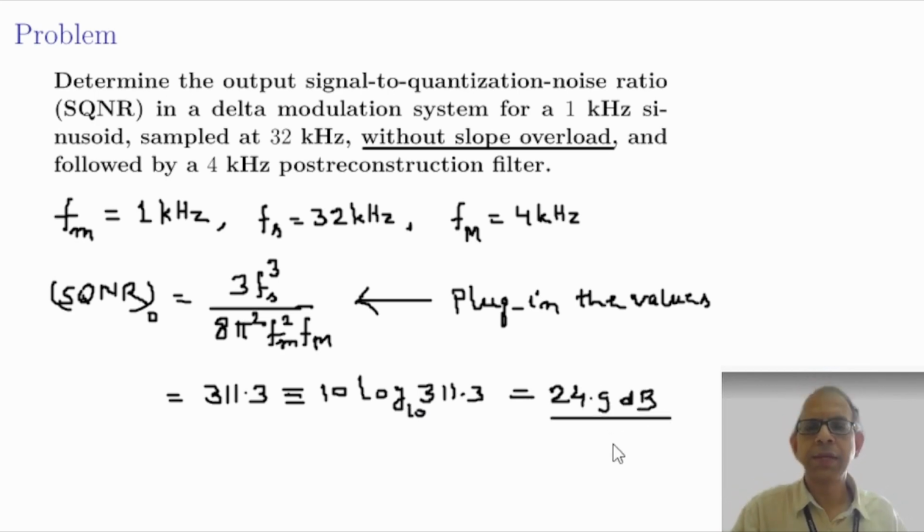So this is the maximum signal to quantization noise ratio under no slope overload condition at the output of the reconstruction filter. Let us go for another problem.